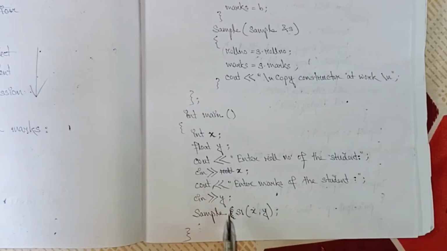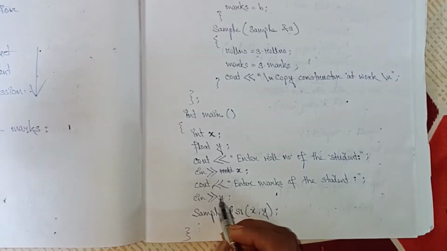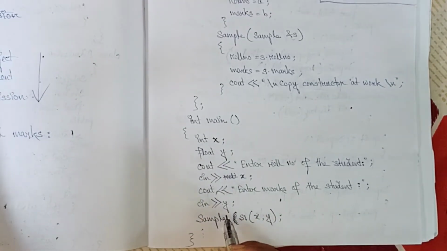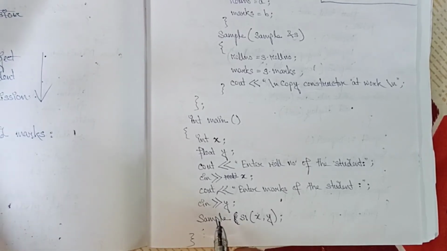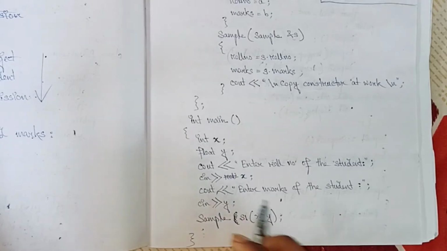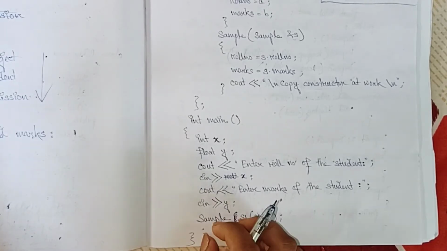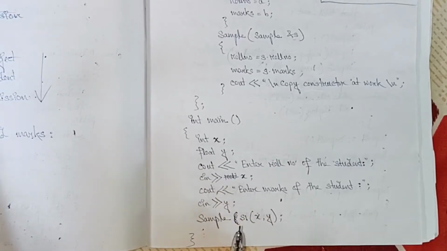So you see, this particular program depends upon the user's values. That is, the user provides the value at the time of execution of the program. Whenever a particular code depends on the user for giving the value at runtime, that is known as dynamic initialization.